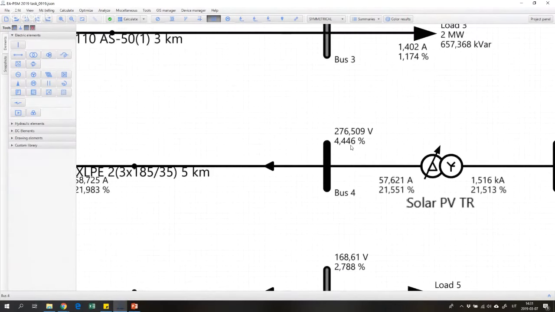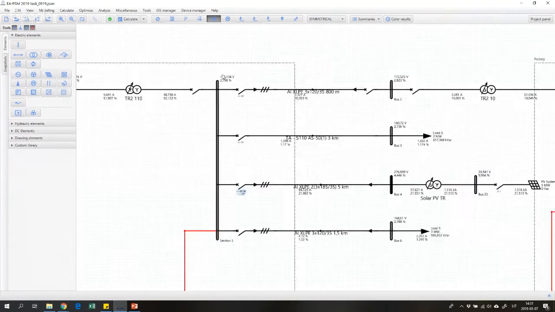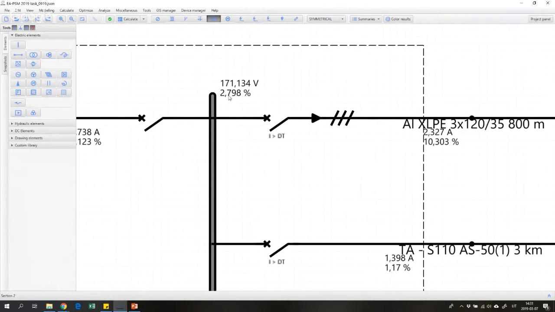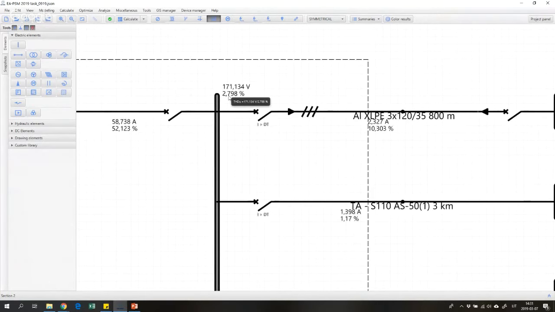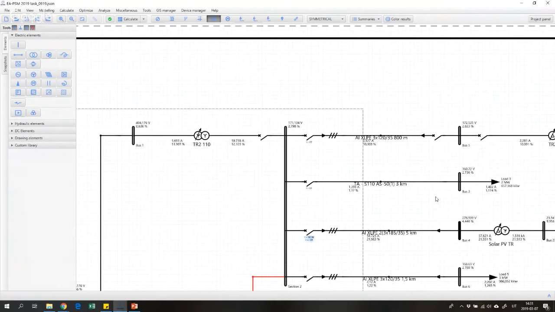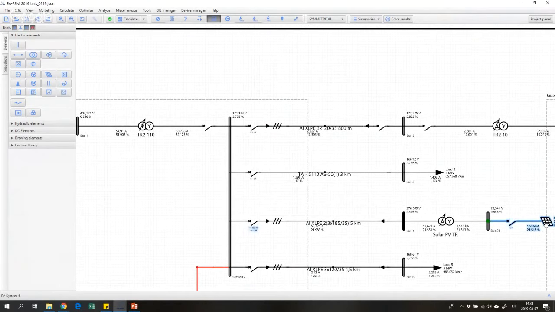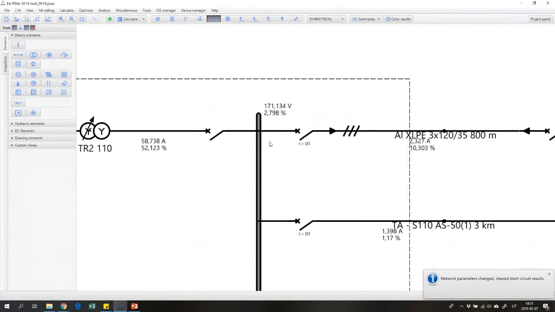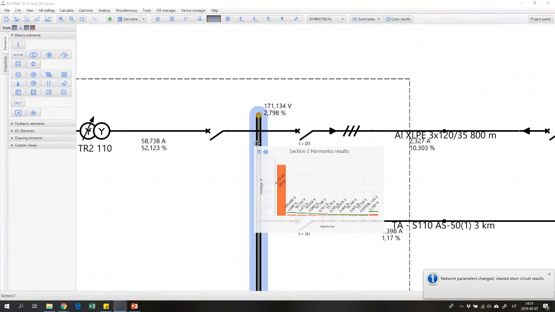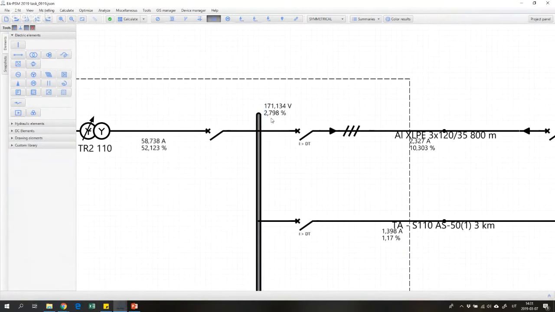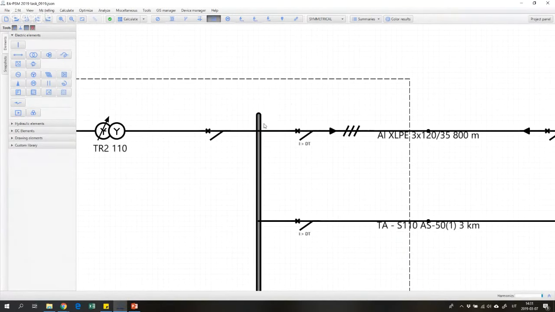And voltage harmonic distortion on this side, in the medium voltage network, is 4.4%. If we look at the network, it's 2.8%. So let's try to disconnect our solar power plant and see how much it will affect the voltage harmonic distortion in our network.